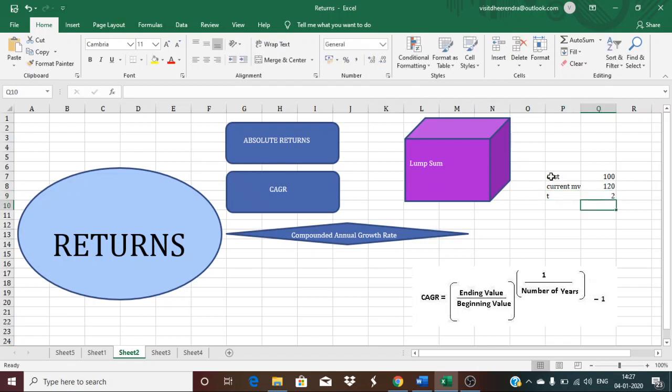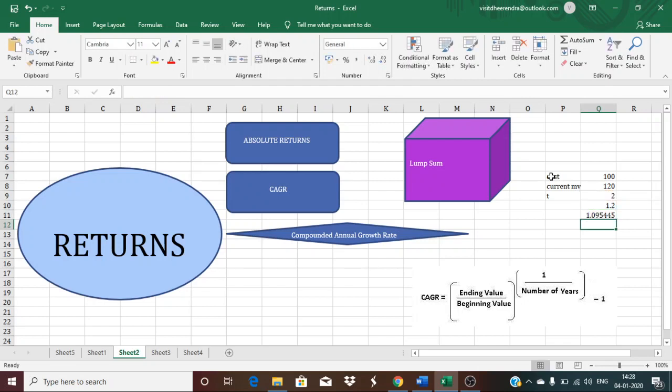Now if I have to calculate this CAGR, then first I will take the ratio of ending value upon beginning value. So ending value is the current market value divided by cost. The ratio is 1.2. Now I apply the power 1 by number of years, so 1.2 to the power 1 by 2.